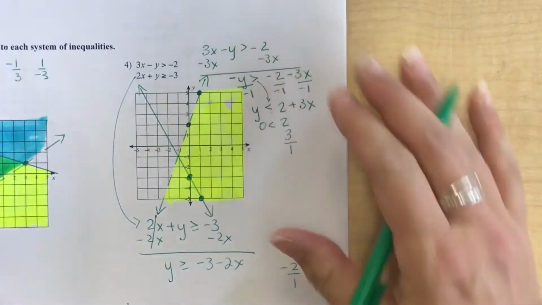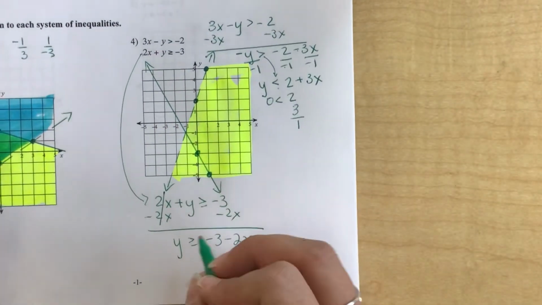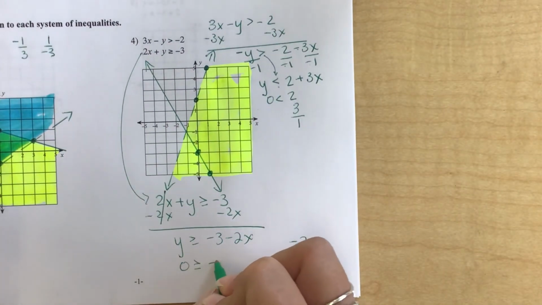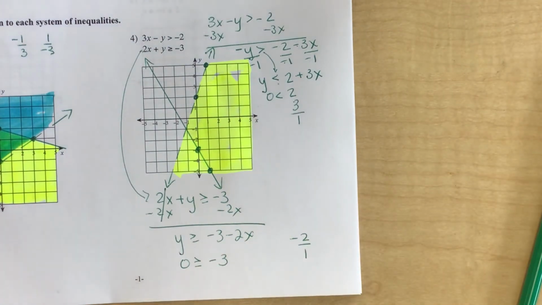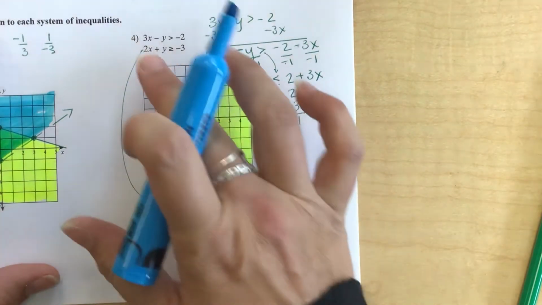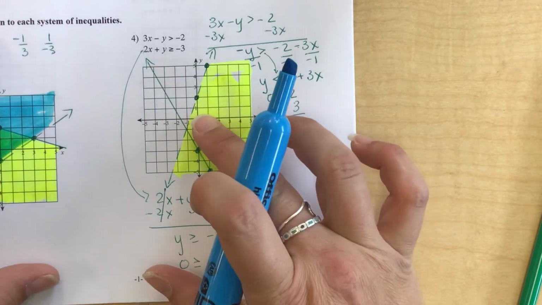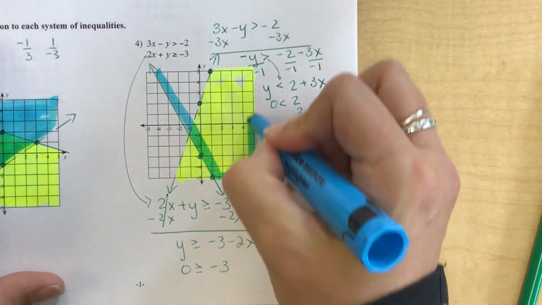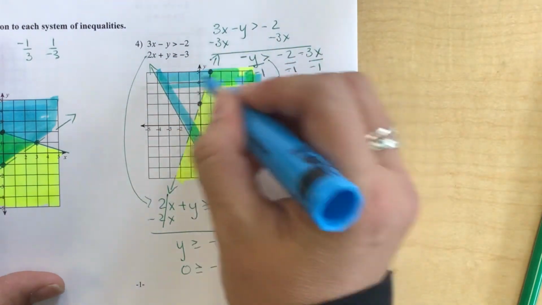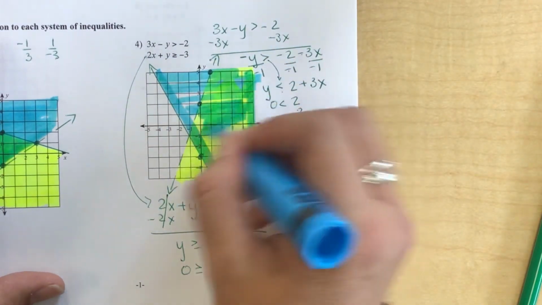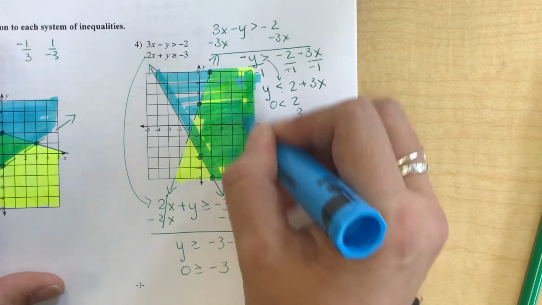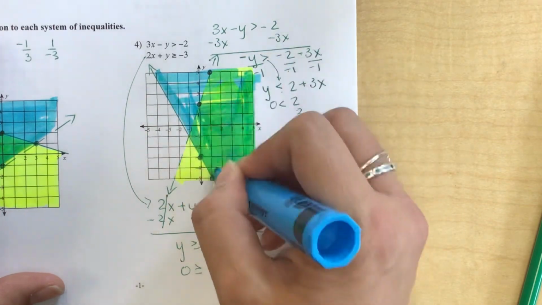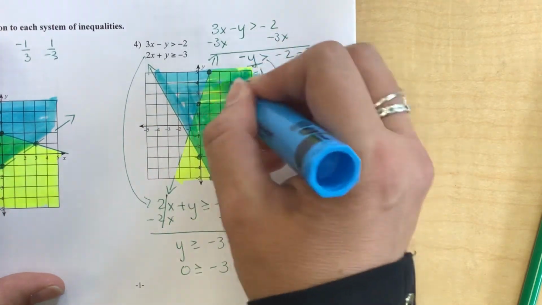All right, and then if I replace zeros, so 0 is greater than or equal to -3, which again is true. So I'm going to shade on the side of the solid line. I'm going to shade the side that has the point 0, 0. And then where it's green, that's your solution. Doesn't have to be perfect.